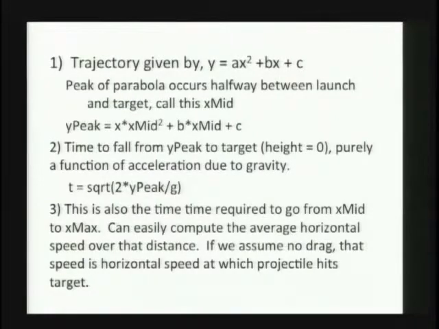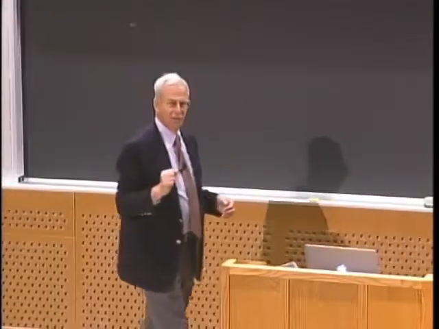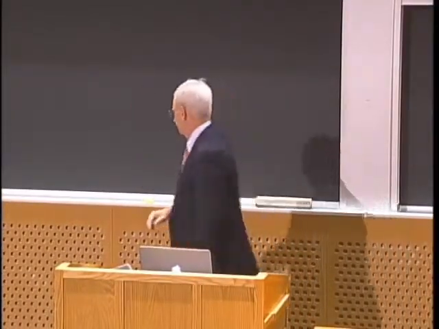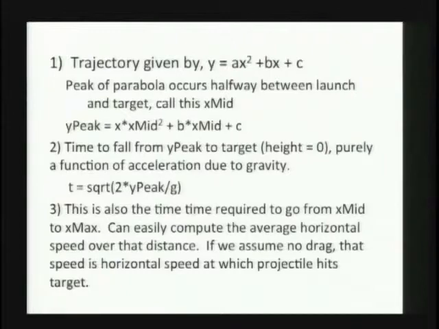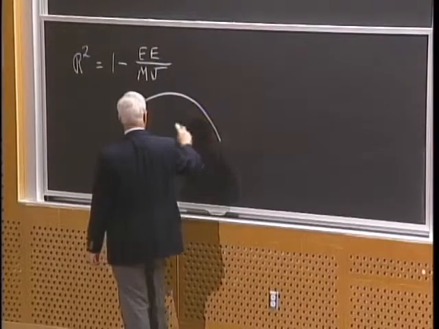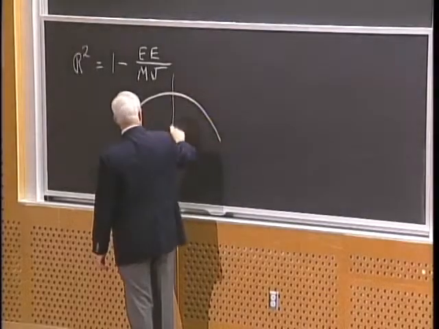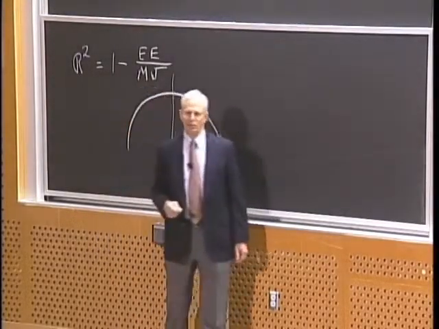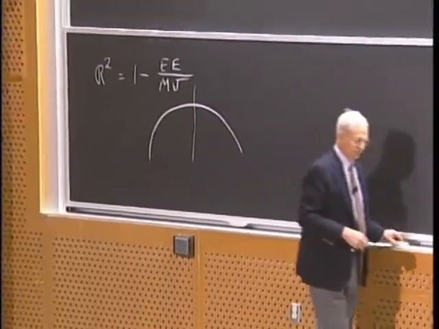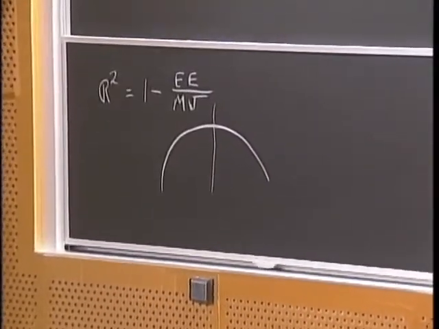We also know from looking at this equation that the highest point, which I'll call y peak, of the arrow must occur at x mid, the middle of the x-axis. So if we look at a parabola, and it doesn't matter what the parabola is, we always know that the vertical peak is halfway along the x-axis. The math tells us that from the equation.